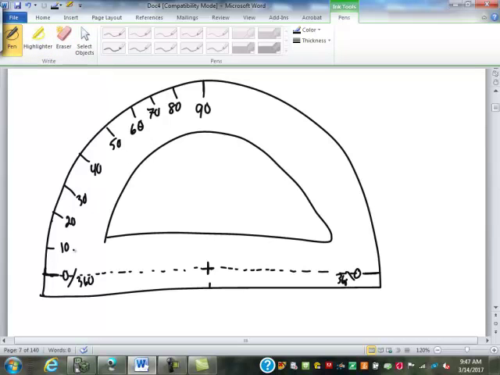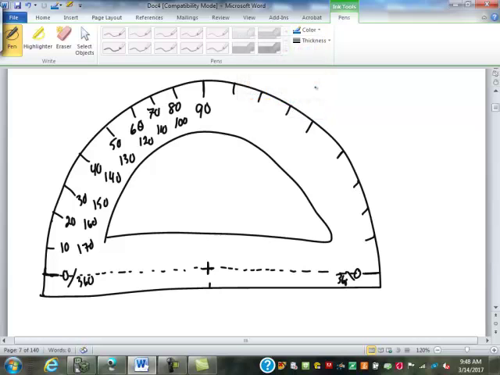But it's also marked 170, 160, 150, 140, 130, 120, 110, 100. And the other side looks exactly the same as that. Same numbering up through there.